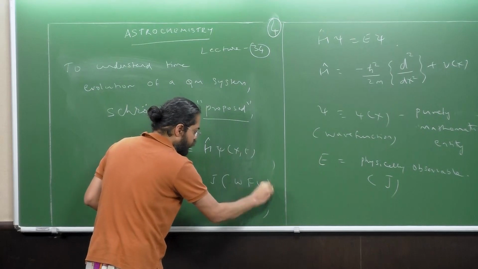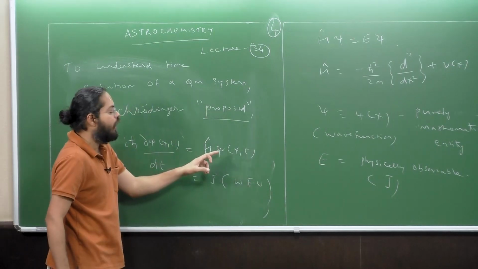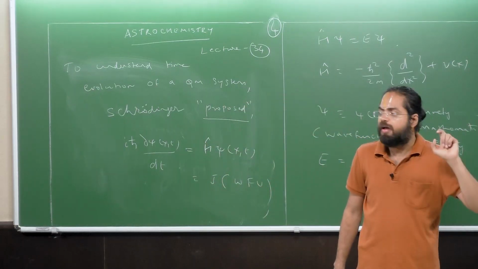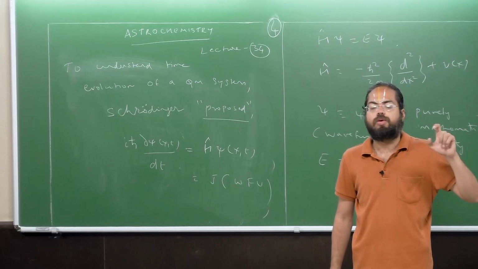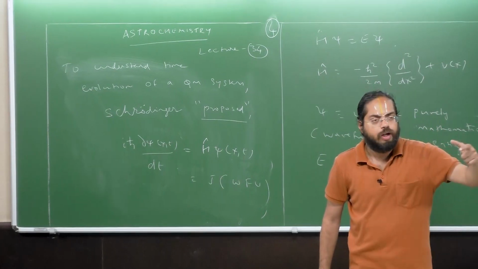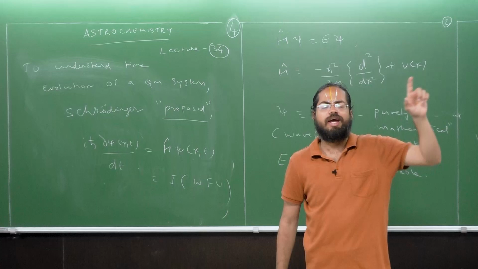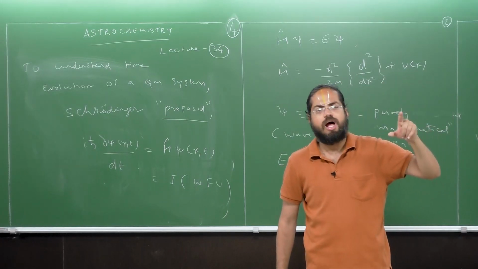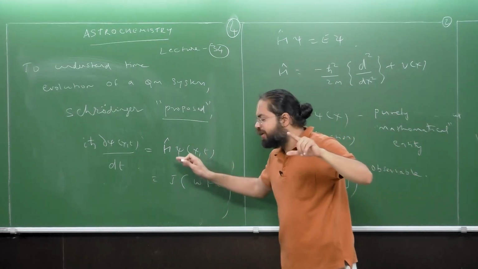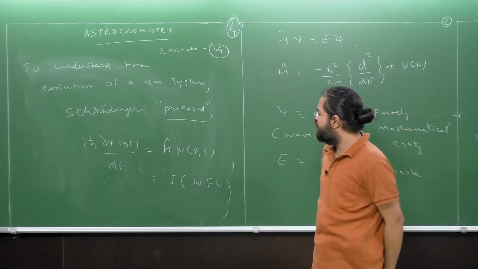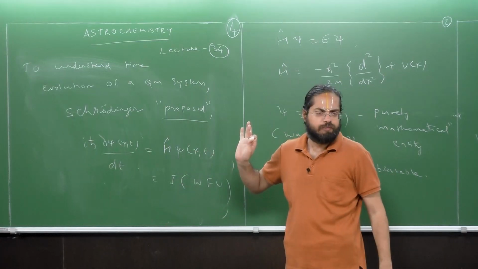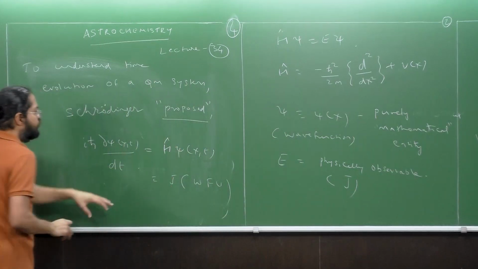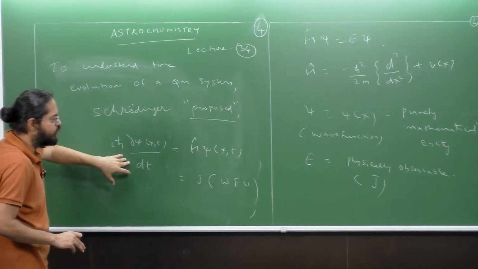Recall, even in the previous lecture, when we started with the wave equation, I did not talk about the unit of the wave itself. I just said the wave is a dimensionless quantity. In the tutorial, we'll look at the units of the wave function in greater detail. For now, let's just take it as some wave function unit. It could be no units also. So this is joule times some wave function unit, and this whole thing should also be joule times wave function unit.